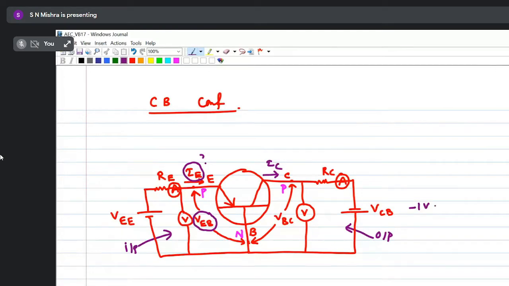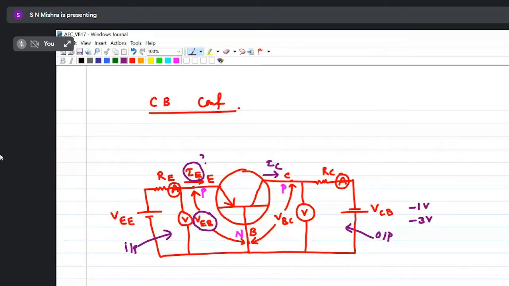Then I'll change this VCB from -1 to -3 volt. That means I have increased reverse bias voltage across collector and base. Then again I'll start increasing VEB and observe IE. So that is another set of graph. Similarly, 3, 4 graphs you have to plot in a single diagram so that you will get the input characteristic.